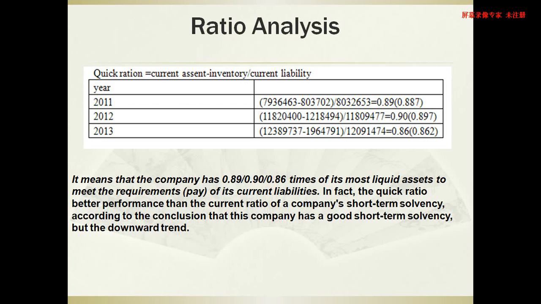So in the quick ratio, which is a better measure than the current ratio of a company's short-term solvency, the conclusion is that this company has good short-term solvency, but with a downward trend.